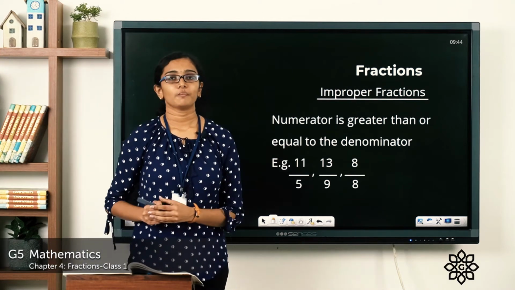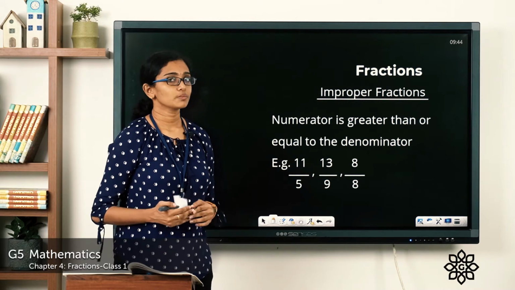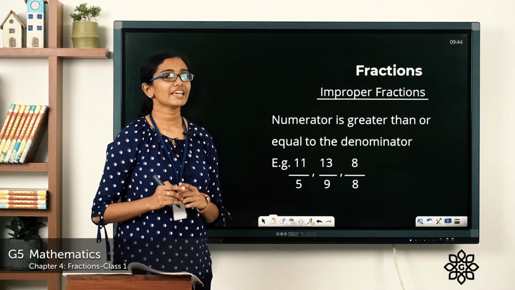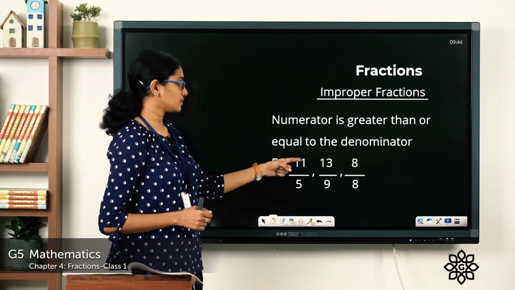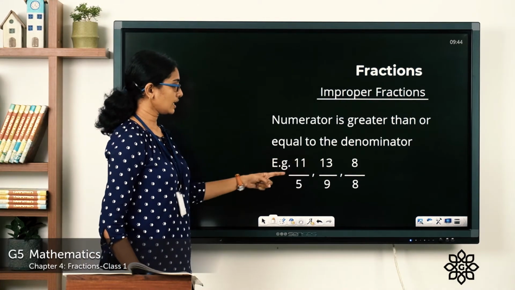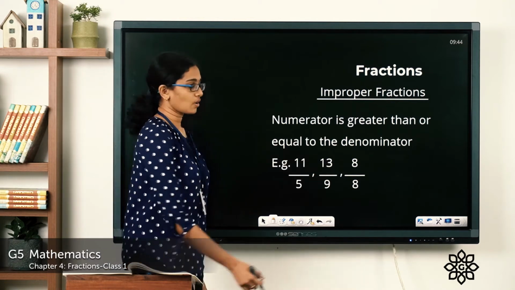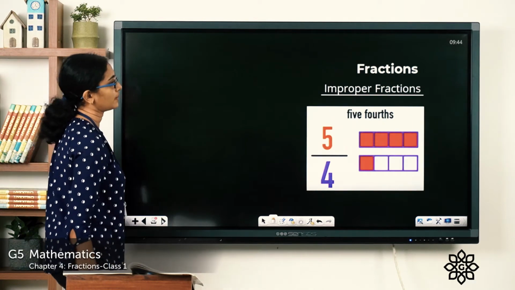Then what may be improper fractions? Improper fractions are those where the numerator is greater than or equal to the denominator. Like this, 11 by 5, 13 by 9, 18 by 8. See, the numerators are either greater than or equal to the denominator. Look at this example here.